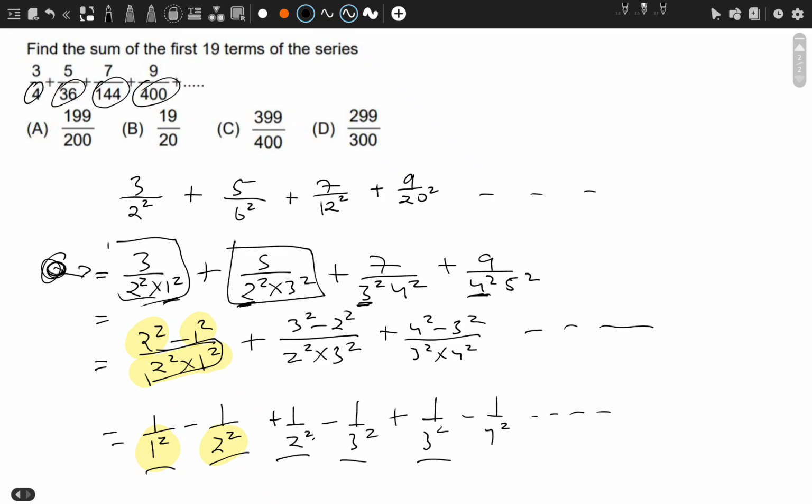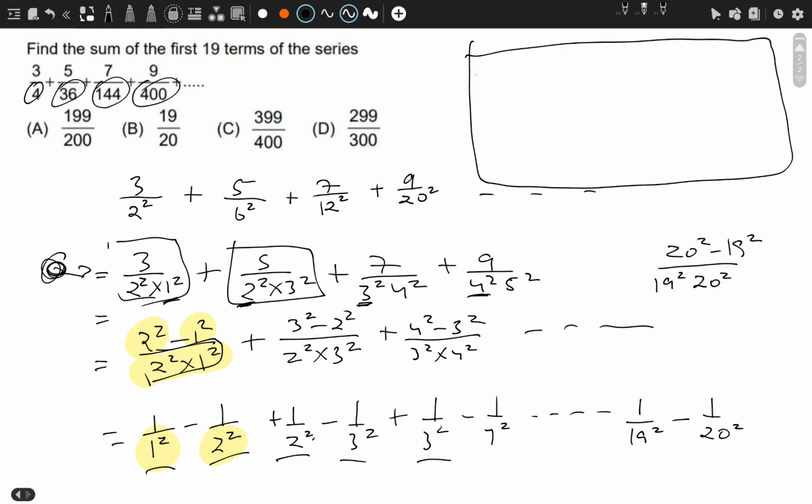Similarly we have to go till 19 terms. The last term is 19 square into 20 square, and 20 square minus 19 square. So we will be left with 1 by 19 square minus 1 by 20 square.